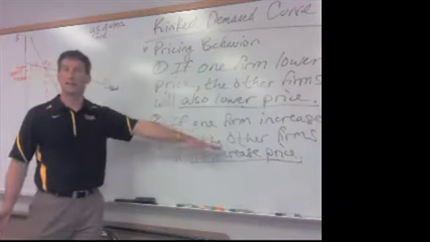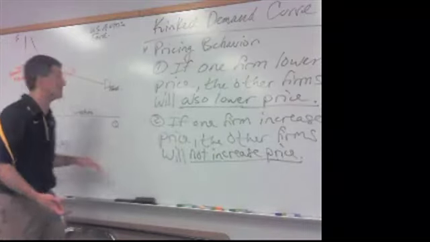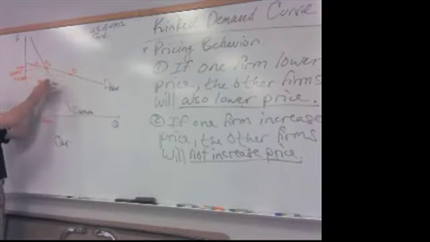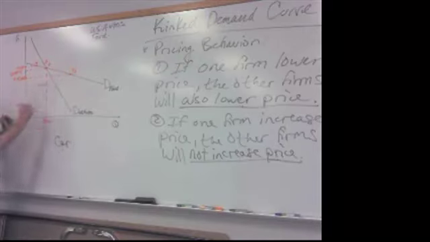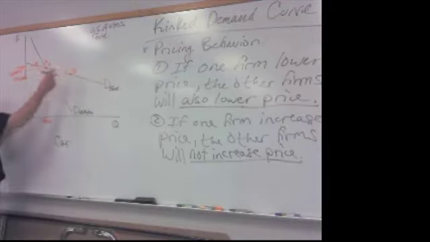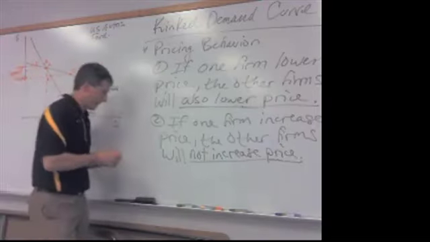But we've changed that. If Ford lowers their price, their competitors will also lower their price, and so US autos in general will become cheaper. Ford won't sell as many Tauruses as they would had they been the only one to lower price, but that's not going to happen here. We're going to have a movement to point E. All right, so that's the dynamic that's happening.